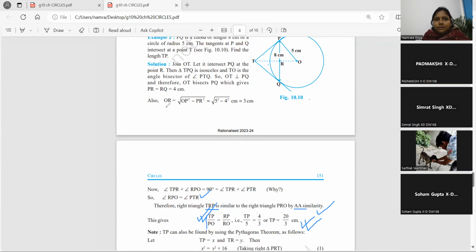I'm just writing it. If you take TP as x and TR as y, then by Pythagoras theorem you can apply x square. Here you can see x square is equal to y square plus 16. So it will be y square plus 16. Any problem to anyone in taking this particular ratio?